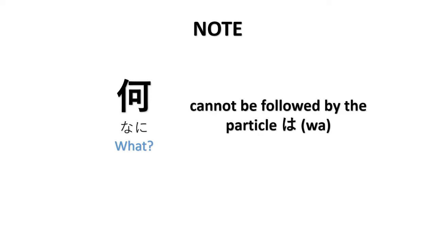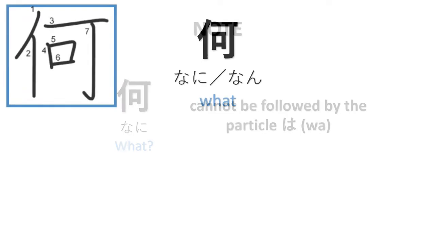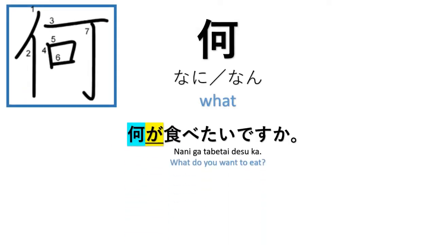Okay, another note is that when we are using the question word nani, it cannot be followed by the particle wa. So there is no nani wa. Instead, it is followed by the particle ga. Nani ga tabetai desu ka?